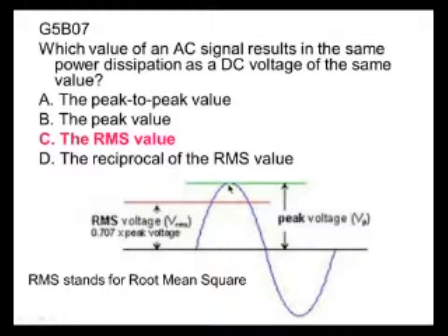For a sine wave of this shape, the RMS voltage is the peak voltage multiplied by 0.707. So it's about 7/10 of the peak voltage for a wave of this shape. The RMS value is the value of an AC signal that results in the same power dissipation as a DC voltage of the same value.